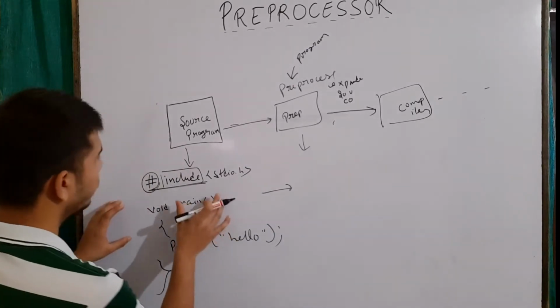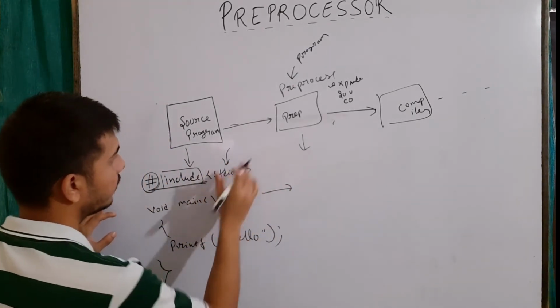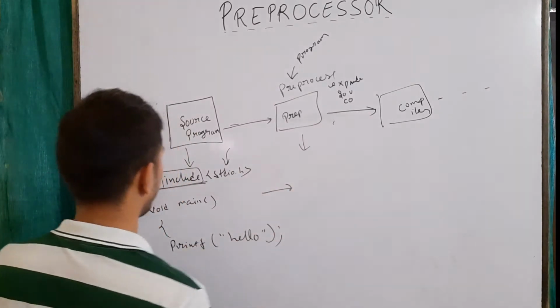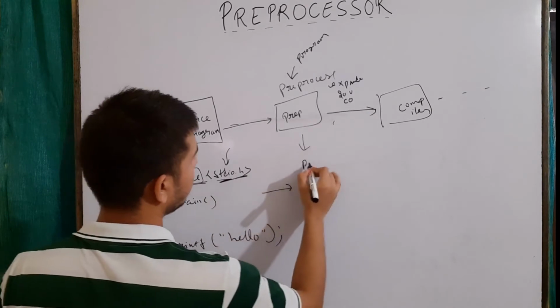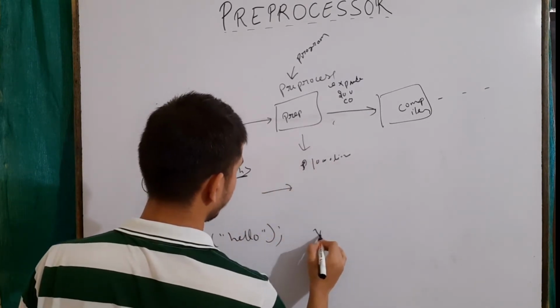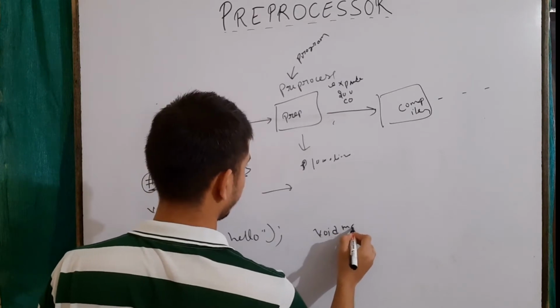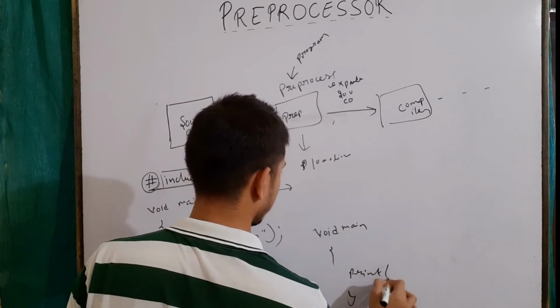So whatever is present in this file, it is going to bring into our source program. For example, in this file there could be thousands of lines, and also there will be our main program, whatever it was, the same printf hello.